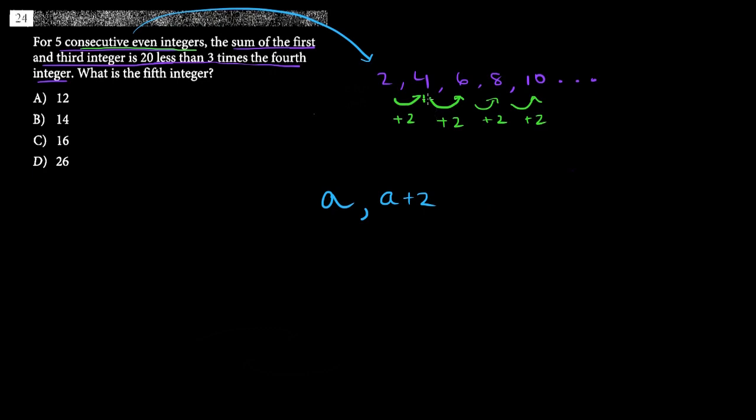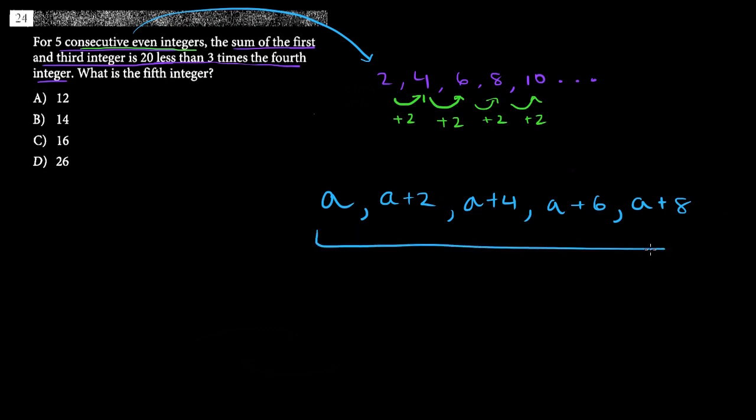Our third integer should be a plus 4, then a plus 6, a plus 8. And this is our list of 5 consecutive even integers. Keep in mind, we don't know what a is so far.